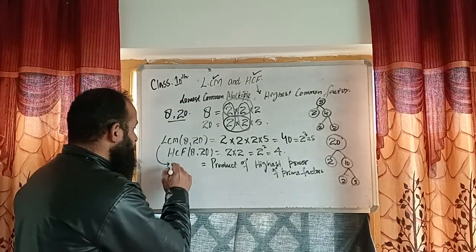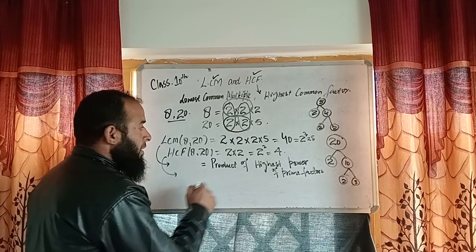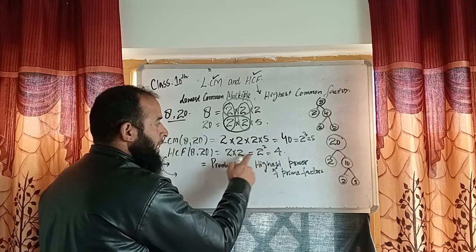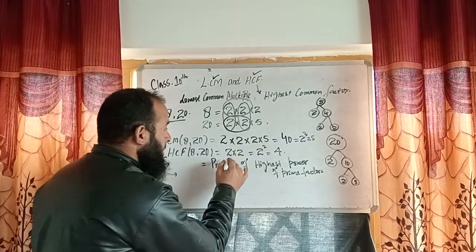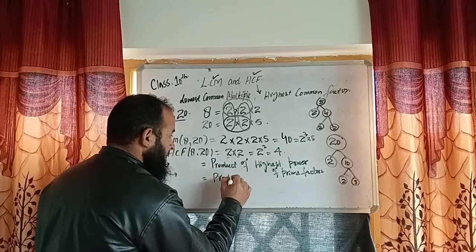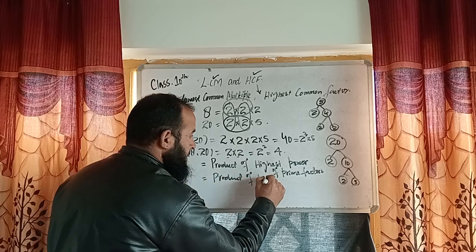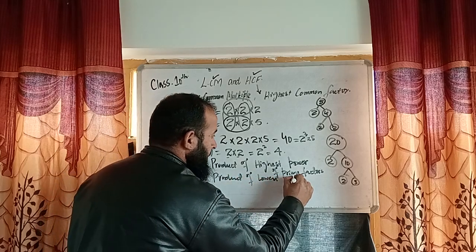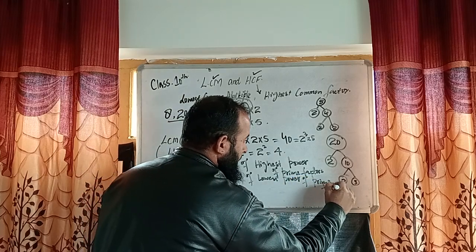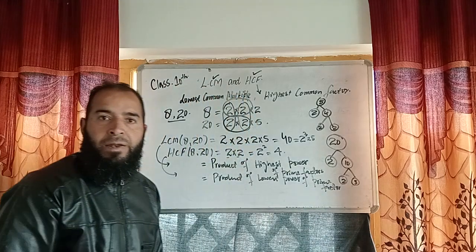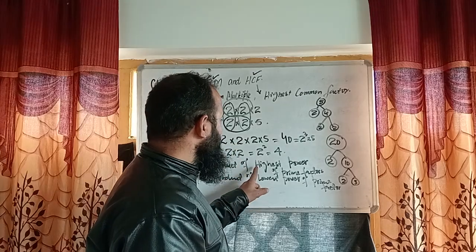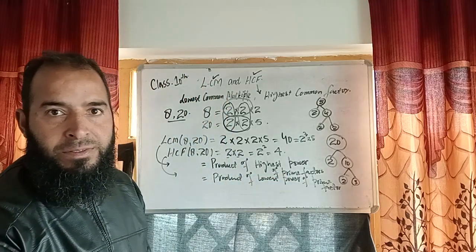And this HCF, it is 2 cross 2, it is 2 square, it is 4. It can be written as the product of the lowest power of prime factors.